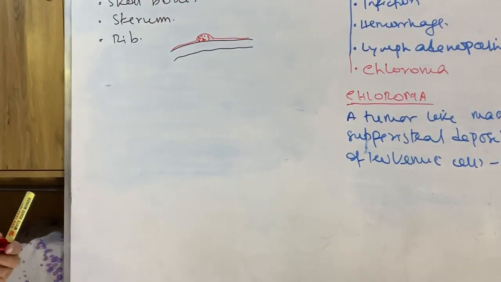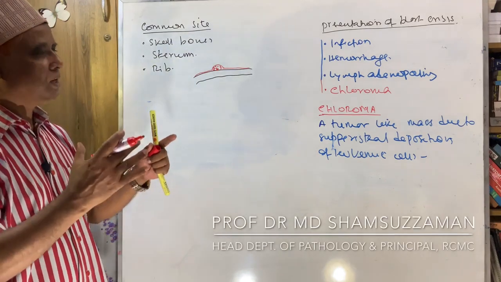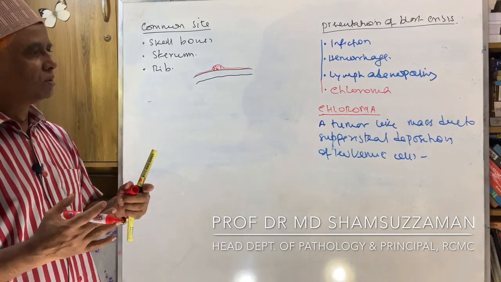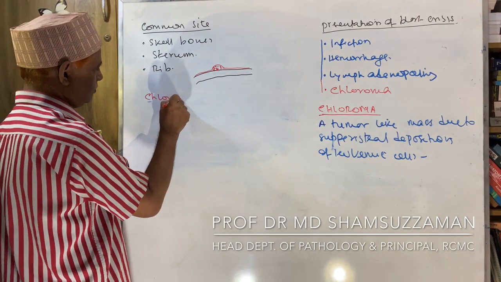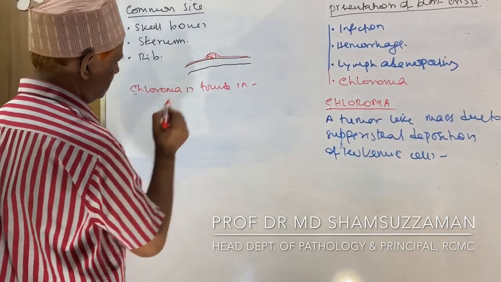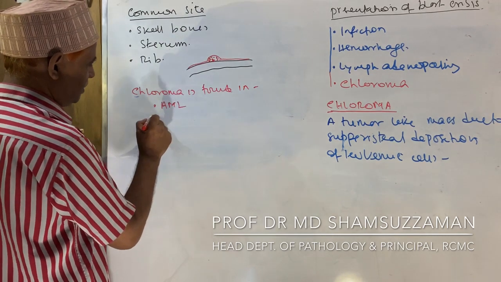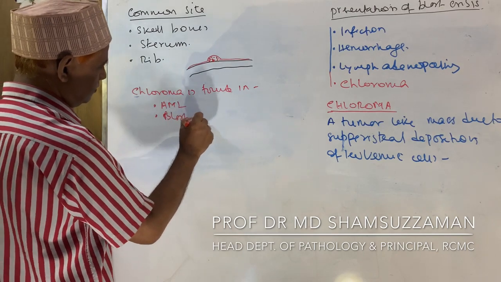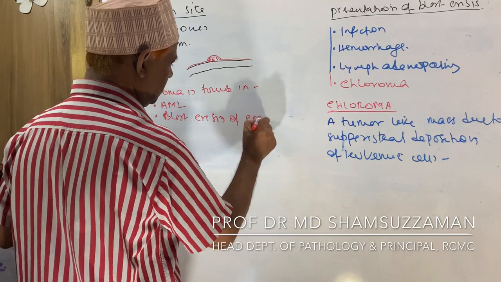This is chloroma. In what conditions can we get chloroma? Chloroma is found in, number one, acute myeloid leukemia. It is found in blast crisis of CML.